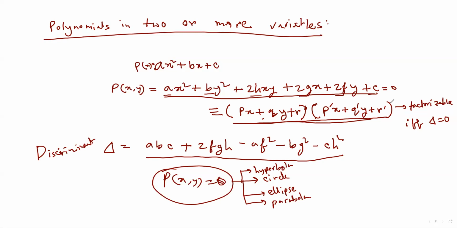Because if you equate this to 0, then you are going to get two equations of straight lines. One, this equals 0, the other one, this equals 0. So you are going to get a pair of straight lines. That's the fifth possibility: a pair of straight lines.